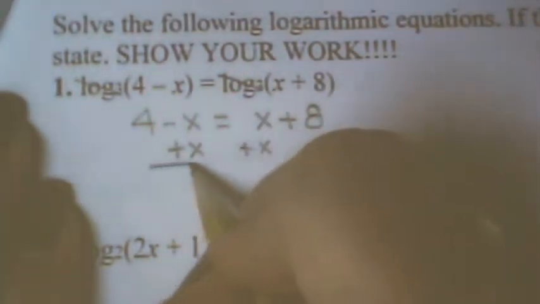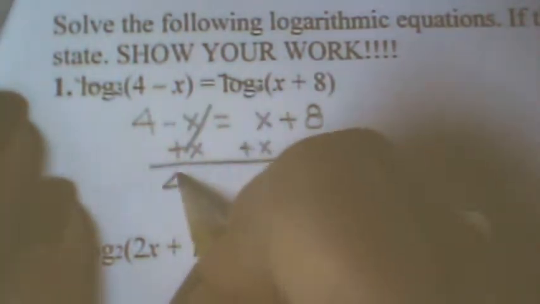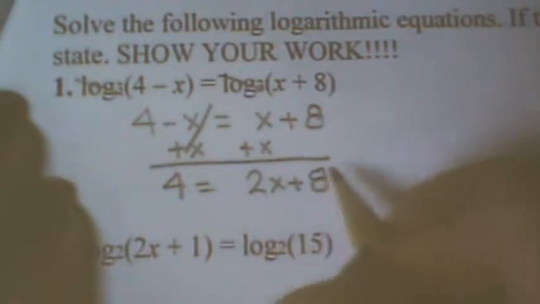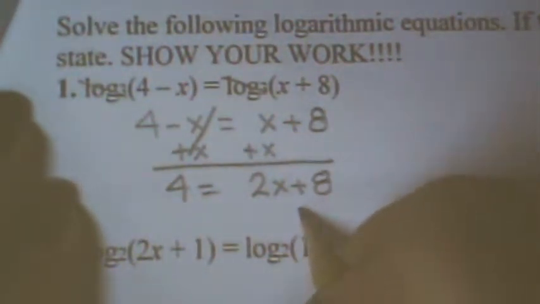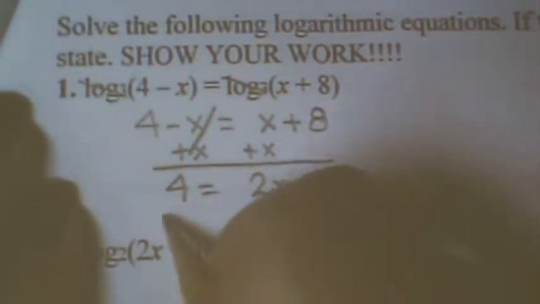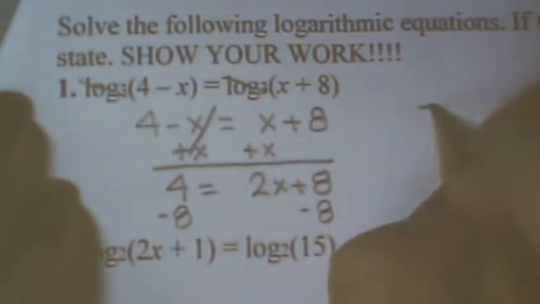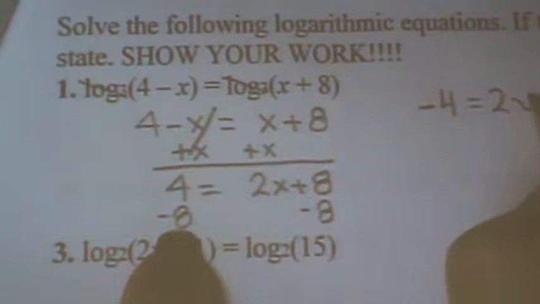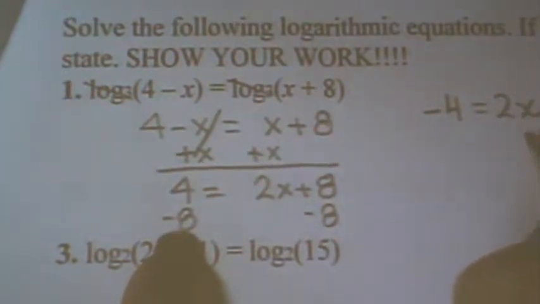Okay, then what? And then what? Subtract 8. So I'm going to write up here because I'm running out of room. Negative 4 equals 2x, and then what? Divide by 2, x is negative 2.